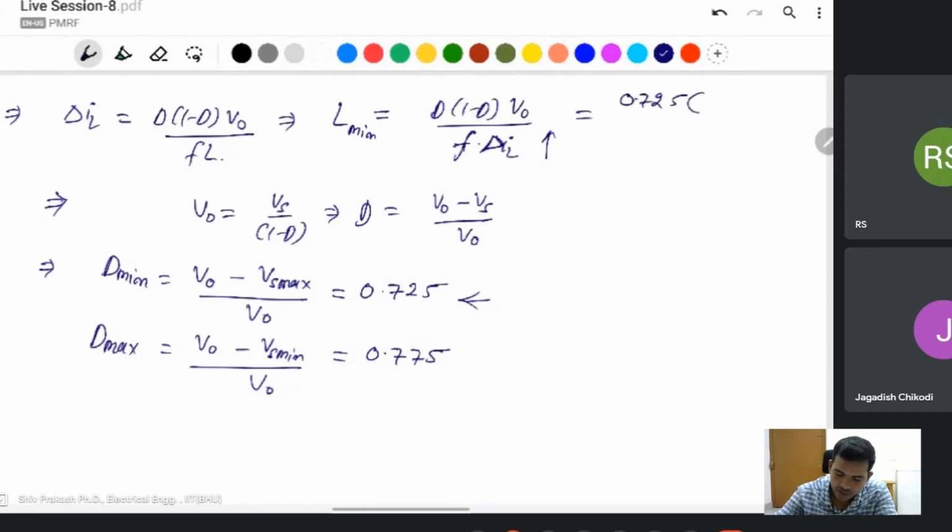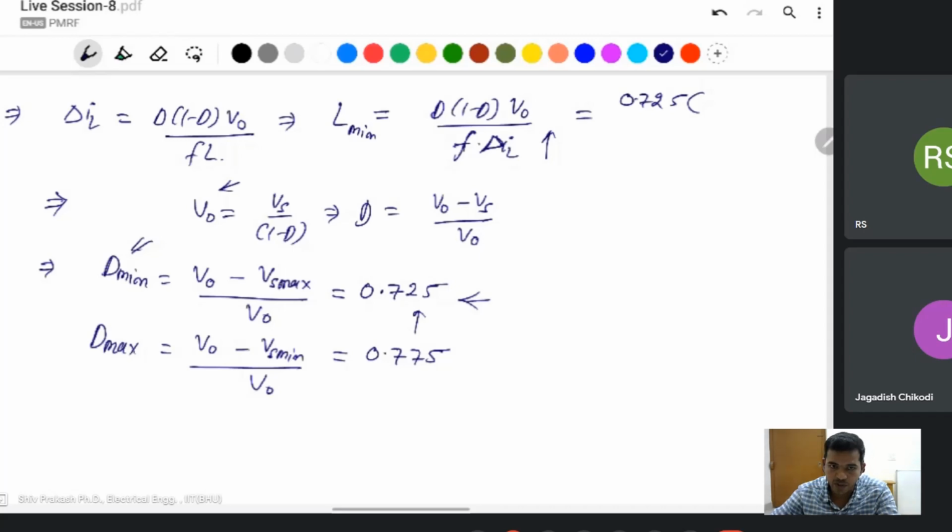You can calculate this from dI by dt, and if you apply dI by dt here, you directly find D equal to 0.5. But because of the restriction of the output voltage, you can't provide a duty ratio below 0.275, the D minimum.